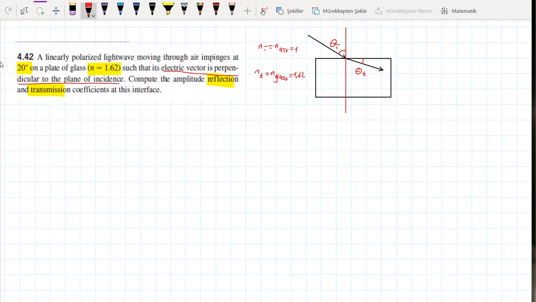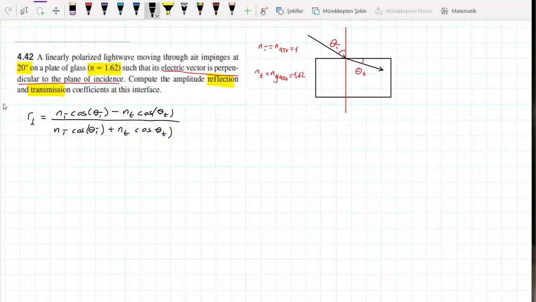Before starting, let's write the formula of transmission and reflection coefficients. R perpendicular is equal to n incident cosine theta incident minus n transmission cosine theta transmission over n incident cosine theta incident plus n transmission cosine theta transmission.